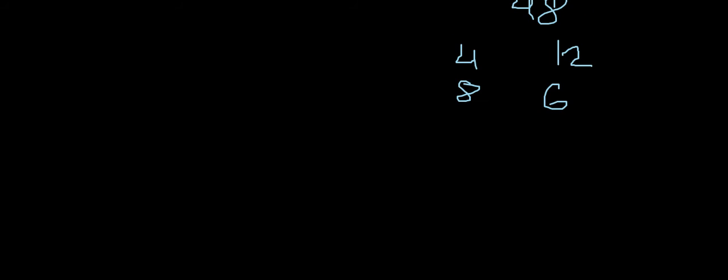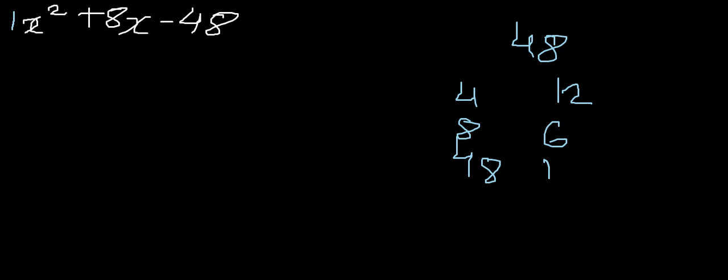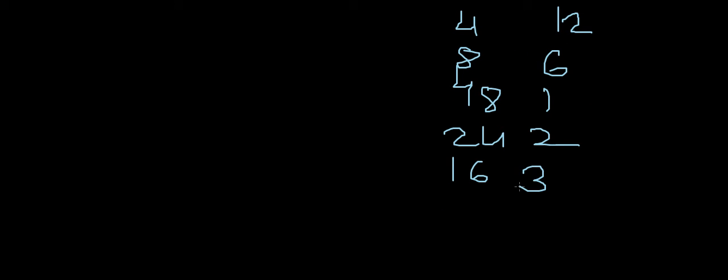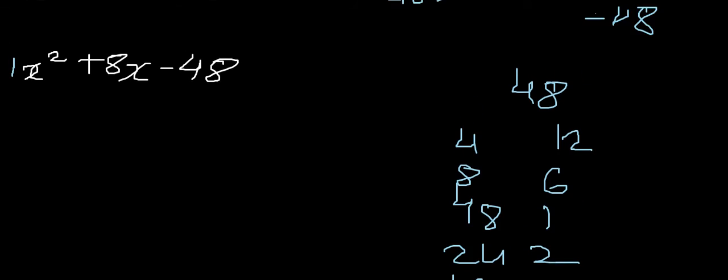Then I have got 48 and 1, and I have got 24 and 2. Oops, 16 threes are, yes, remember 16 threes are. So I've got these factors, and now 12 plus 4 results in 16, so we don't get this. But hey, 12 minus 4 results in 8, so we can use these two factors.